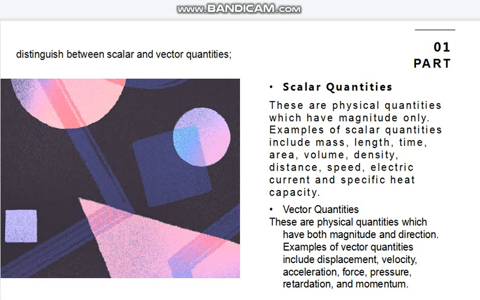And acceleration is the increase of speed. So acceleration is equal to the rate of change of speed. You can see there is a direction of change of speed. Also force, pressure, retardation, and momentum. All these are vector quantities.